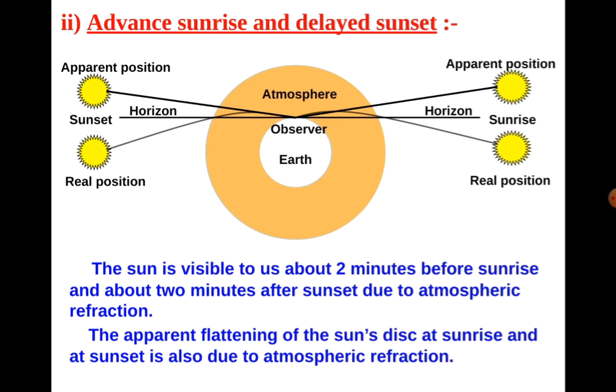They keep on bending towards the normal. But to the observer on the earth, because they are bent towards the normal, the visual image of the sun is seen above the horizon. So for us, the sun has already risen, but actually the sun has not risen.